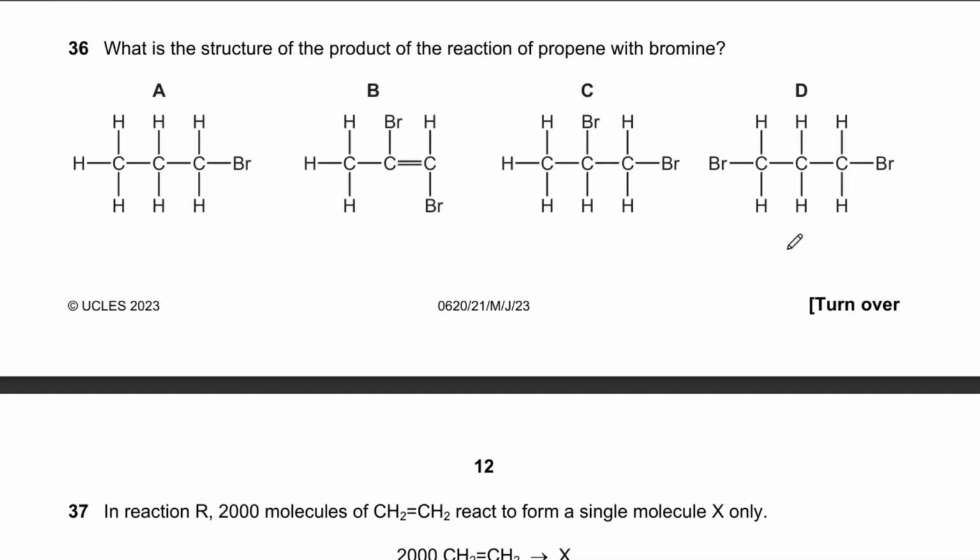But if you look at this option, that's not the case. So if the double bond is here, look at where the bromine is. It's supposed to be on this carbon. If it were here, that means this bromine is supposed to be here or here. So that is why D is not the correct answer. The atom that you are adding, whether it's bromine or chlorine, must be added to the two carbon atoms with the double bond.